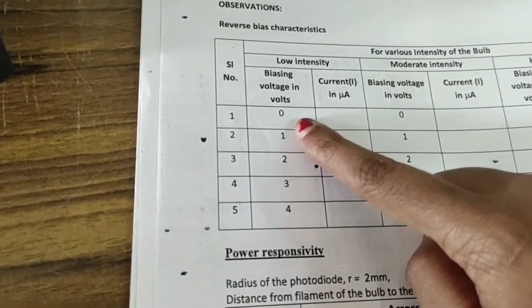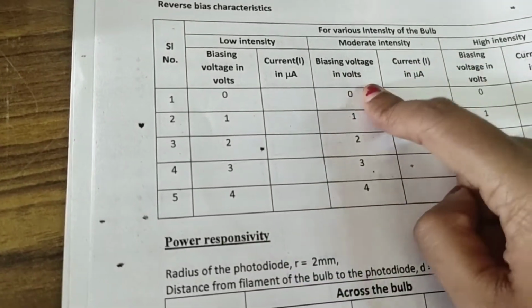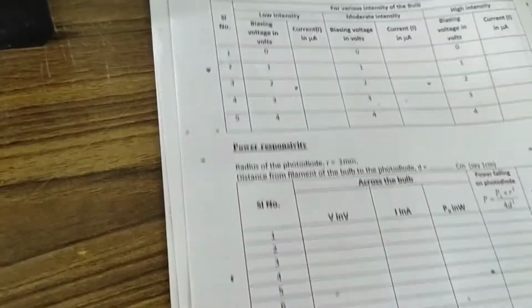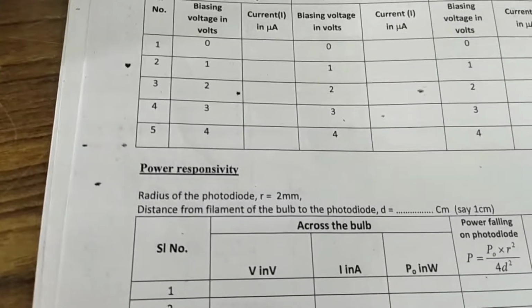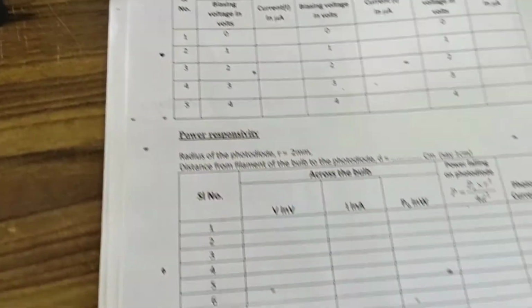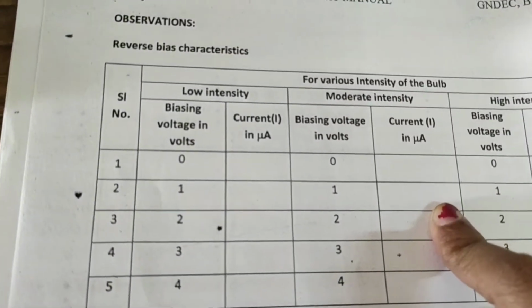And as I told you, voltage in volts, current in microammeter. Next is again voltage, current in microammeter, similarly for all 3. The second tabular column is power responsivity. Here also there are 2 tabular columns. First we are going to perform for the first tabular column.